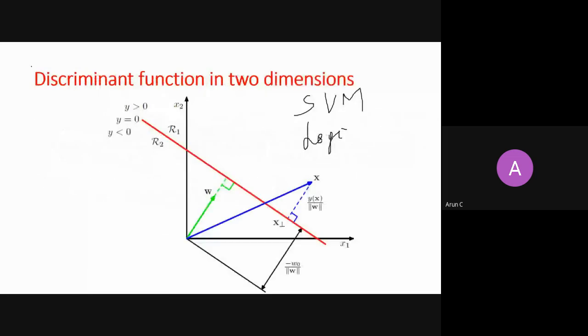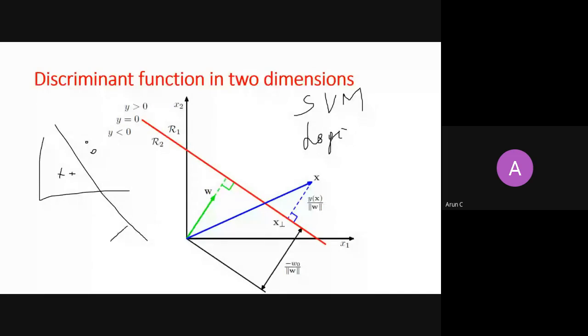For the two-class classification problem, it is understood, right? Can anybody tell me how it is understood? If you got a hyperplane equation, then you just find it out. If it is positive, then it belongs to class 1, and if it is negative, then it belongs to class 0, right? So let's say you were provided some data set, and some friend of yours who was a genius gives you a hyperplane equation.